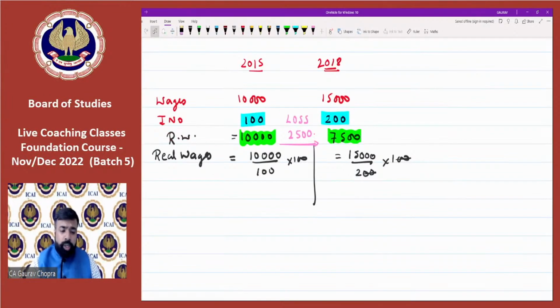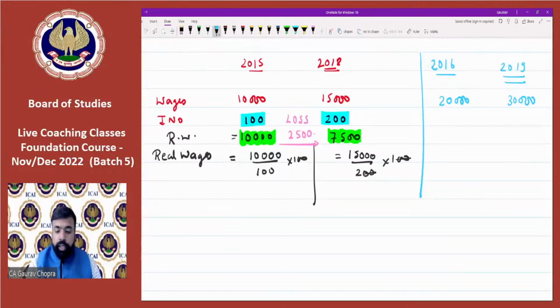Okay, so let us take one more example for the better clarity. This time, years 2016 and 2019, wages are 20,000 and then 30,000. Index number is 125 and then 150. This is the given wages and price index number.